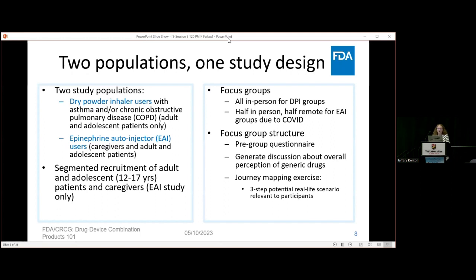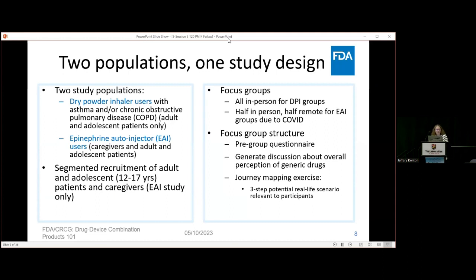The first was a dry powder inhaler user population, and they recruited both asthmatics as well as patients with chronic obstructive pulmonary disease, both adults and adolescents, and the adolescents were limited to asthmatics. They did not make an attempt to balance the population with an equal number of asthmatics and COPD patients, so they were not equally represented, but both types of patients were represented.